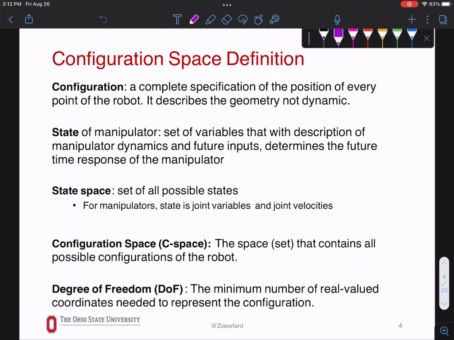All right. A few fancy words, or words that you will see a lot, and I want you to understand what they are. Configuration: we talked about that a little bit last class, right? You defined the joints, and then you saw that a robot that has 2 rotational joints, which we showed with the letter R, and a prismatic joint, P. If I tell you a robot has 2R and 1P, that's not enough information to tell me how it is configured, right?